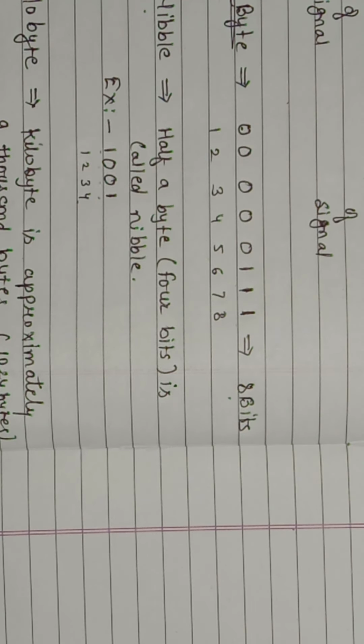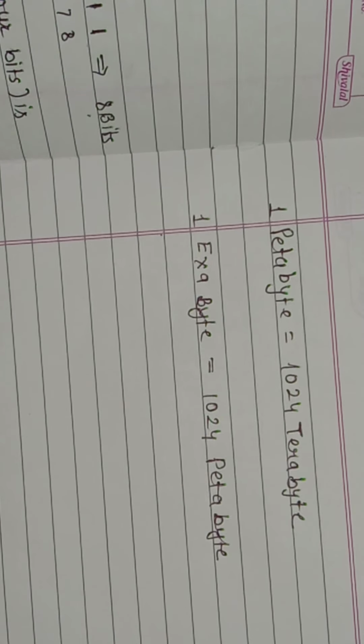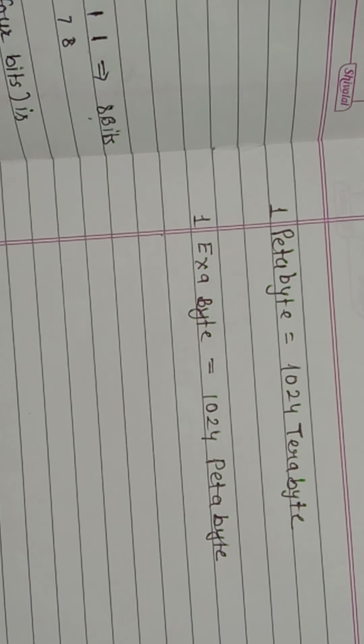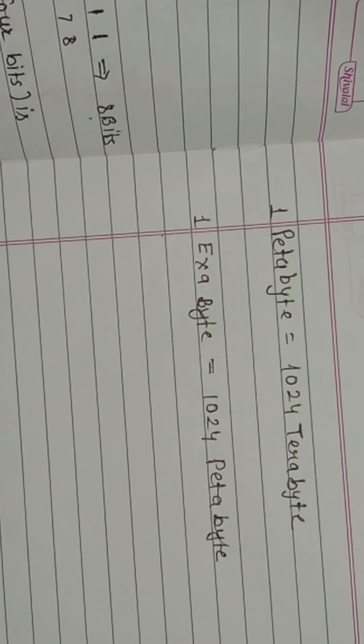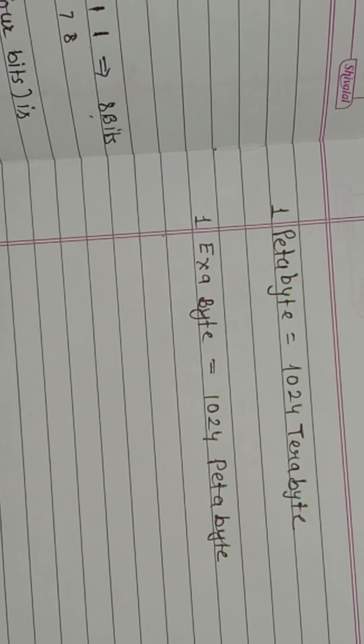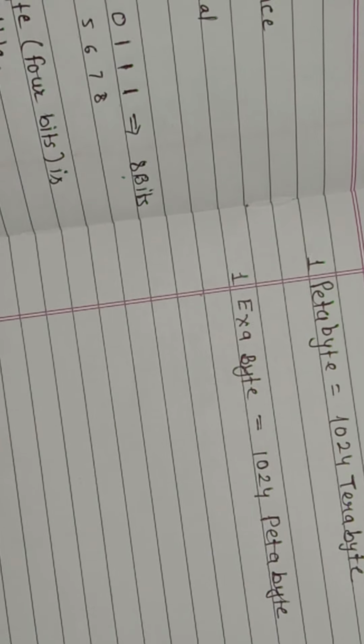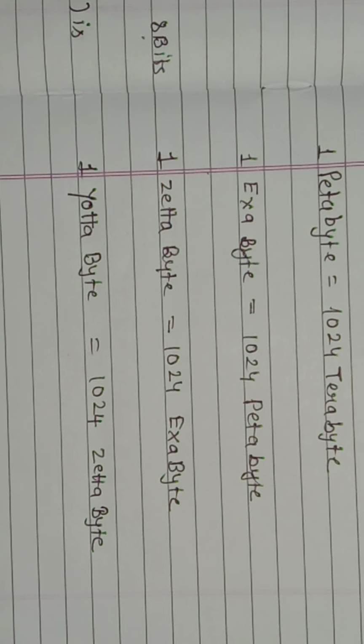A petabyte is a measure of memory or storage capacity. 1 exabyte equals 1024 petabytes. 1 zettabyte equals 1024 exabytes, and 1 yottabyte equals 1024 zettabytes.